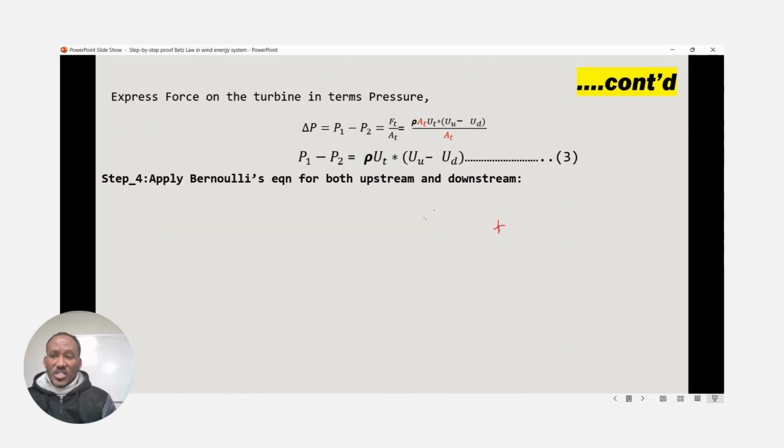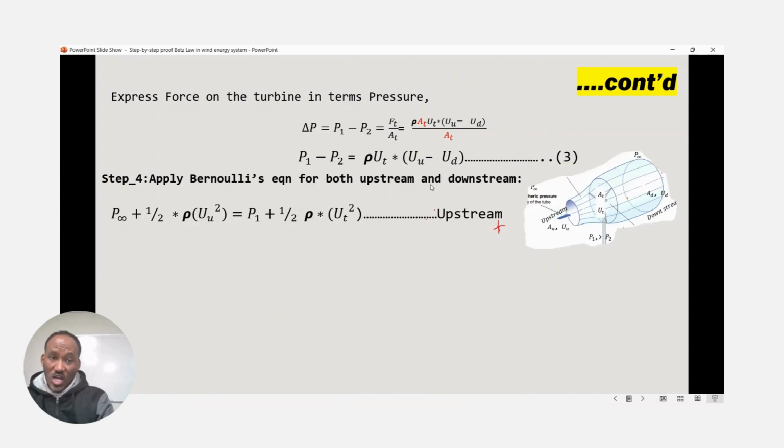Then step 4, applying Bernoulli's equation for both upstream and downstream. So use this equation here for upstream. We have ambient pressure, which is pressure at infinity, plus 1 over 2 times density times kinetic energy term of the moving air upstream, which is equal to pressure 1 plus 1 over 2 density times UT square at the turbine.